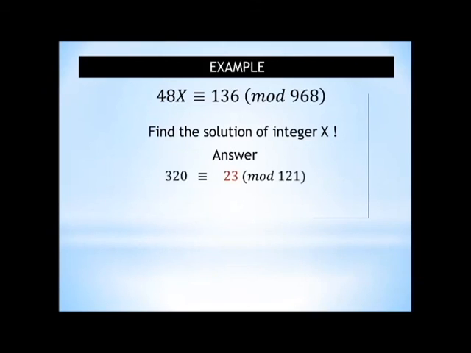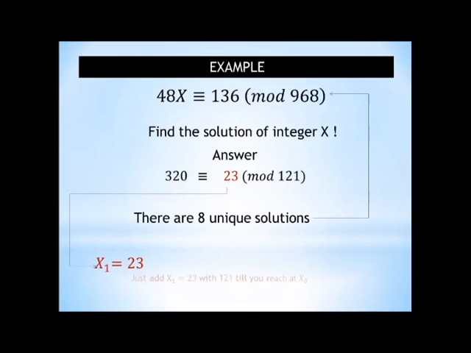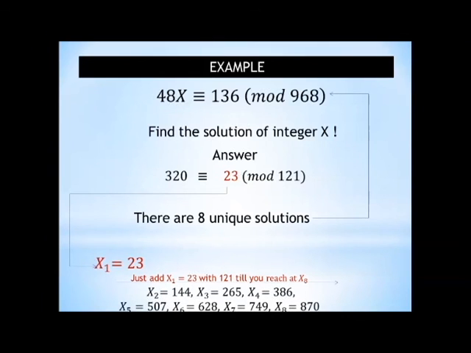So, the first solution is 23. And for the other solutions, you just add 121 to x1 until you get to x8. So the other solution, x2, is 144. It comes from 23 plus 121, and so on.